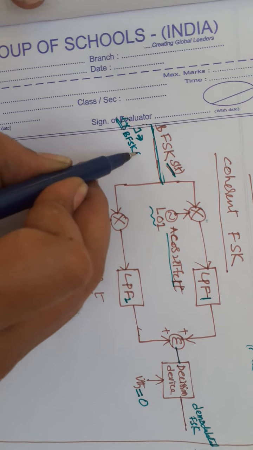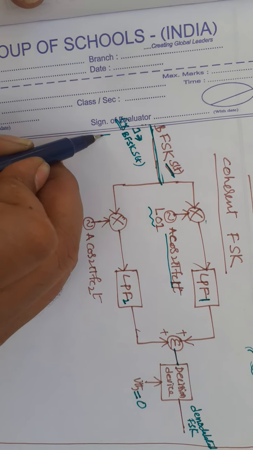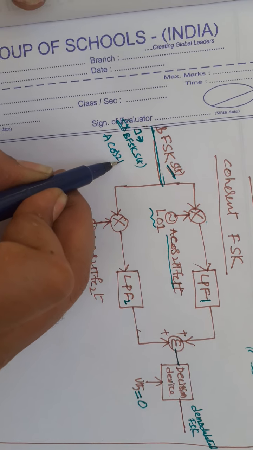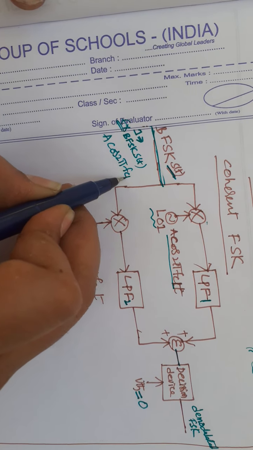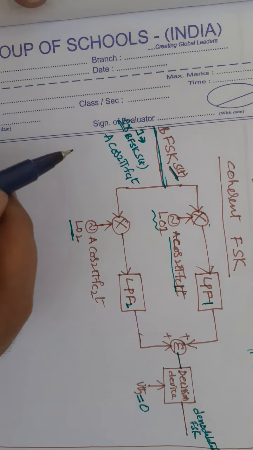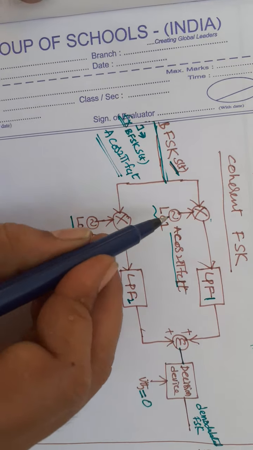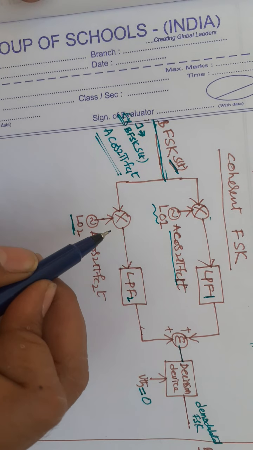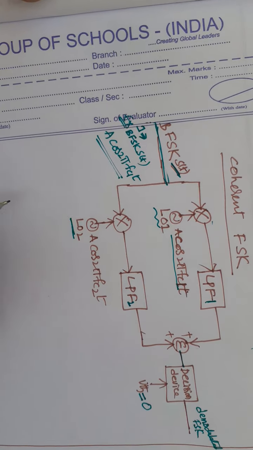The BFSK output is S of t, and the equation is A cos 2 pi Fc1t. This signal is multiplied in two product detectors with the local oscillator carriers.